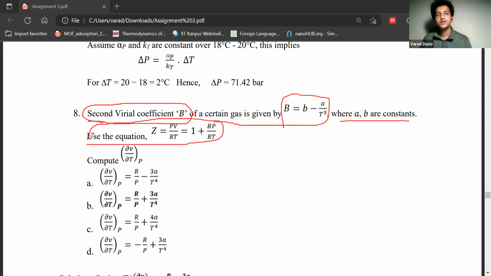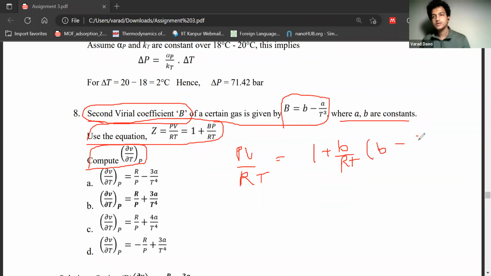Using this expression, we are asked to compute ∂V/∂T at constant P. So we have PV by RT equals 1 plus P by RT into B, but B we can express as B minus A by T cube, and what we are asked is ∂V/∂T at constant pressure. Anybody got it?